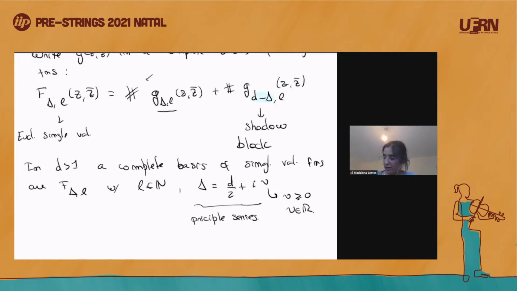And now I can just decompose my correlator in this complete basis, because I have a single valued function in Euclidean.